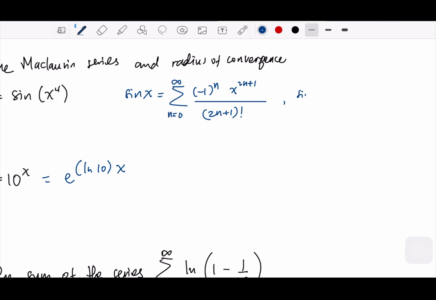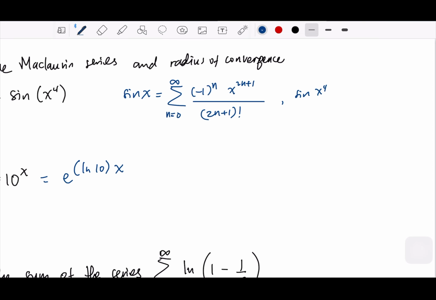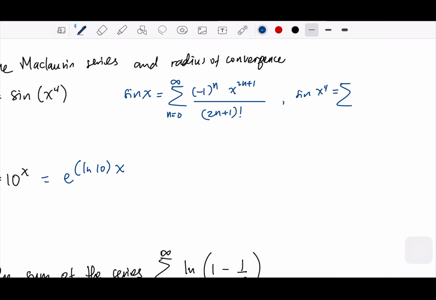So the sine x with power of 4 will be equal x with power of 4, so which will be x to the 8n plus 4 divided by 2n plus 1 factorial.